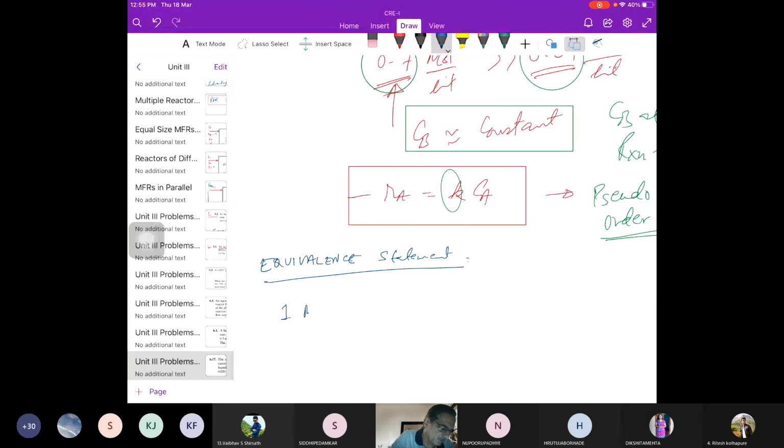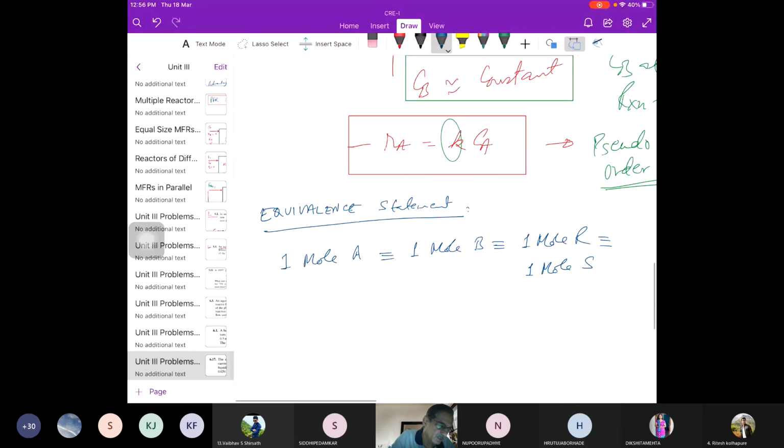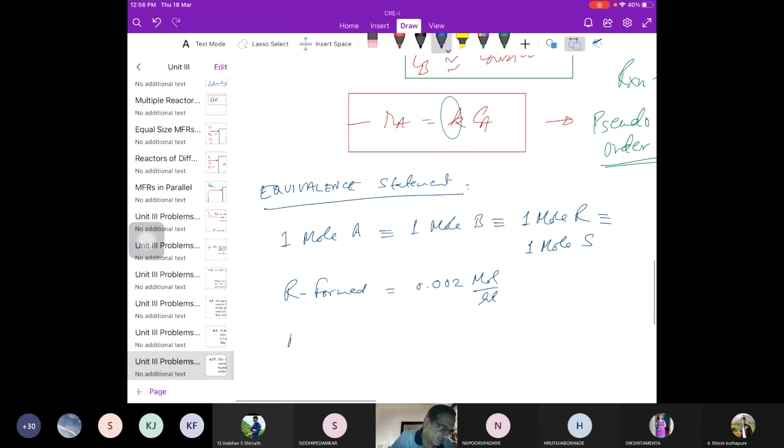So 1 mole of A... ठीक है. So R formed is 0.002 moles per liter. So A reacted कितना हो जाएगा? Same 0.002 moles per liter.